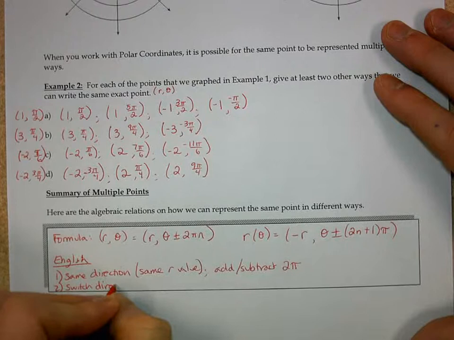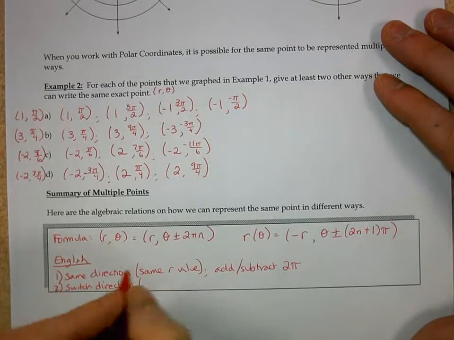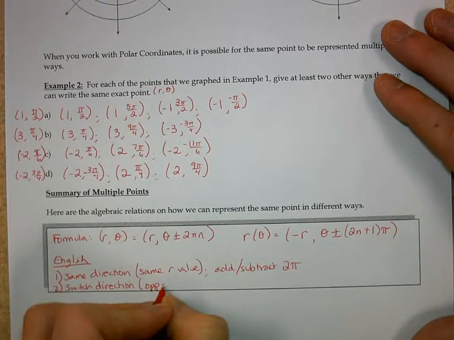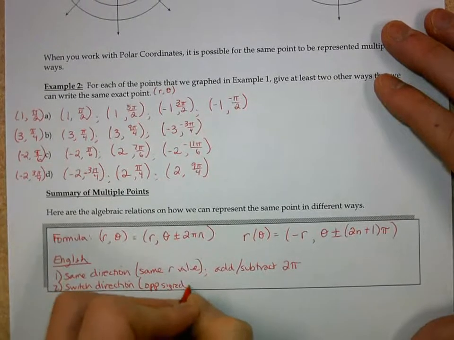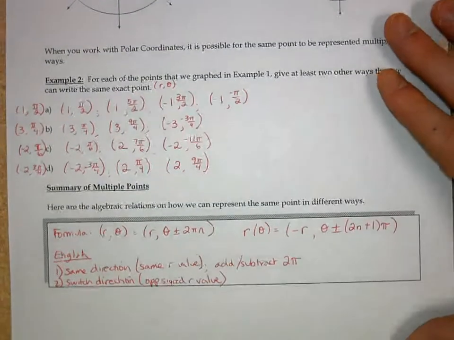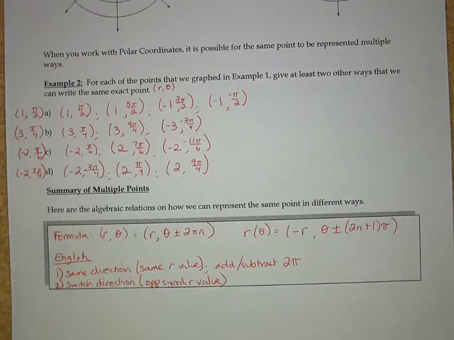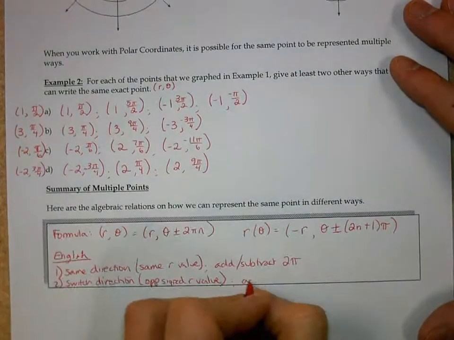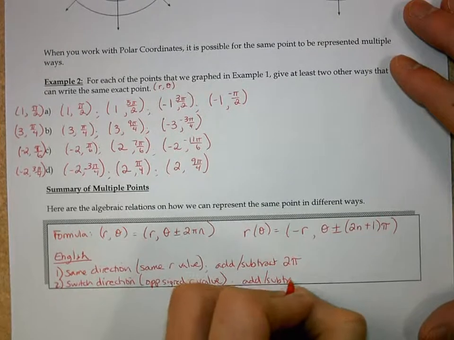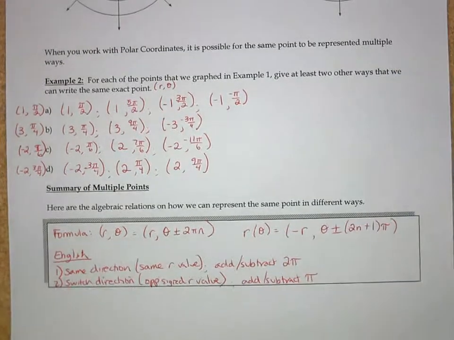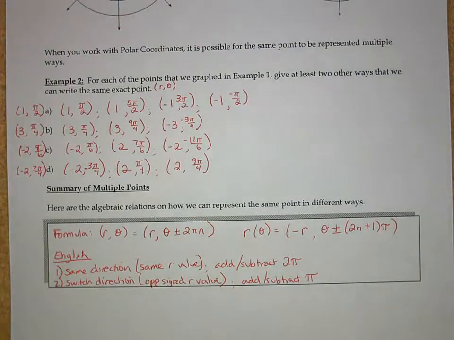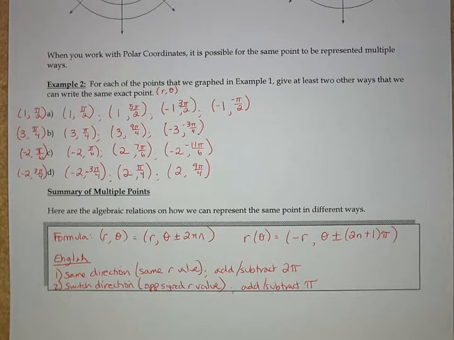If I'm going to switch direction, which means I'm going to have the opposite signed r value, so if it's negative, it becomes positive, if it's positive, it becomes negative, I'm only going to add or subtract pi. So that's the English way of saying those 2 formulas. If I want to keep the same r value, I'm going to add or subtract 2 pi. If I'm going to take the negative r or the opposite of r, I'm going to only add or subtract pi.